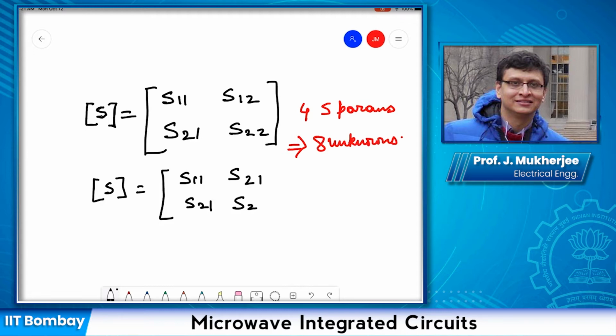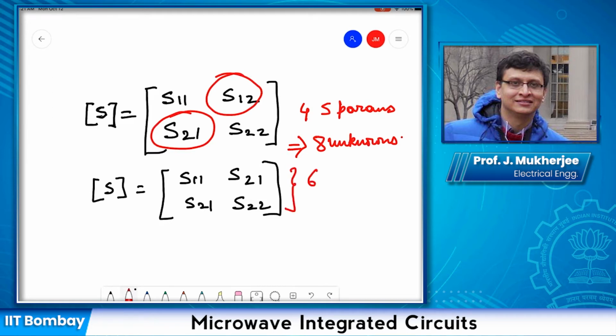So these two elements will be the same, that is, this element and this element will be the same, and so we have now 6 unknowns.